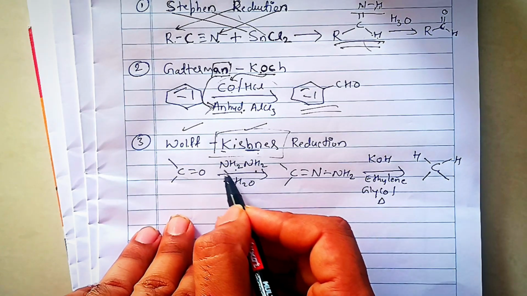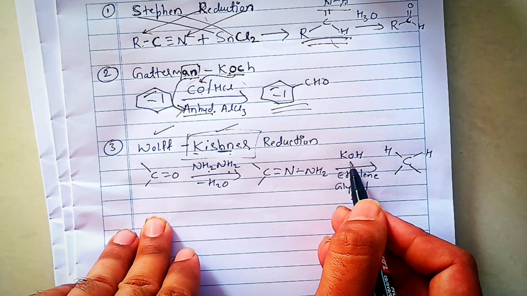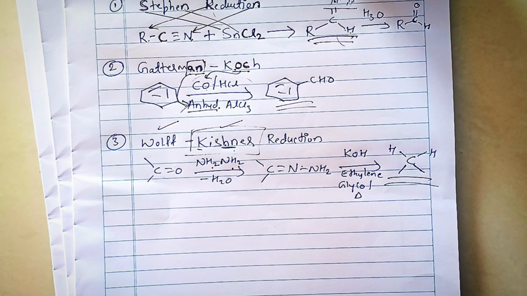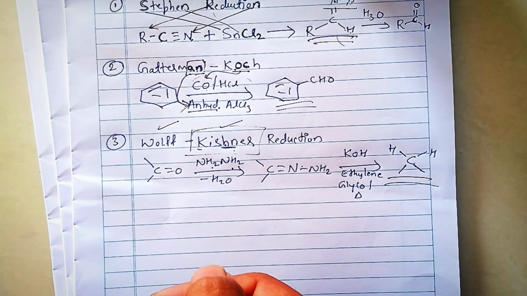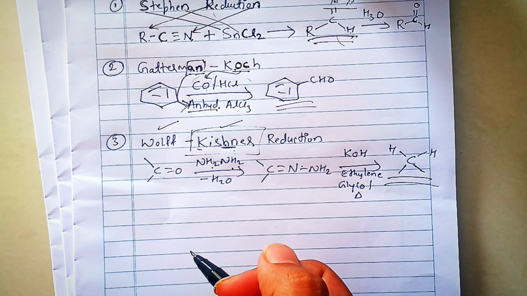By the removal of just the water we can easily add here, and then by the KOH we can get the hydrocarbon. It is one of the most simple. So easily by this trick you can find out the products and the reagents.